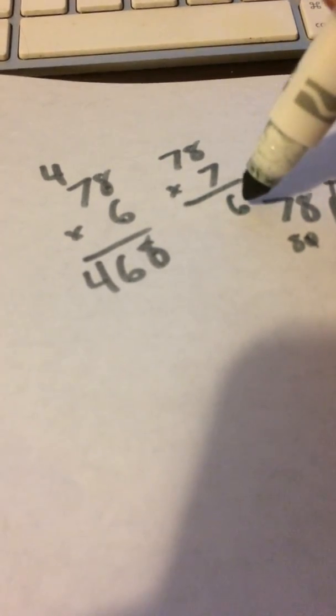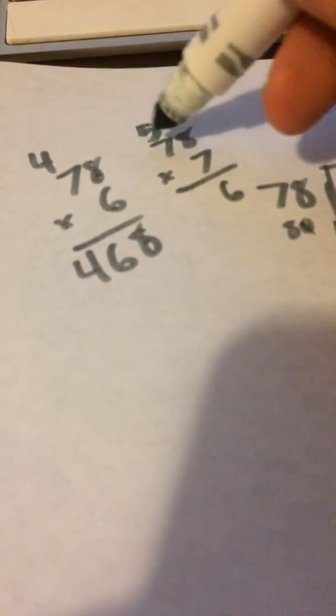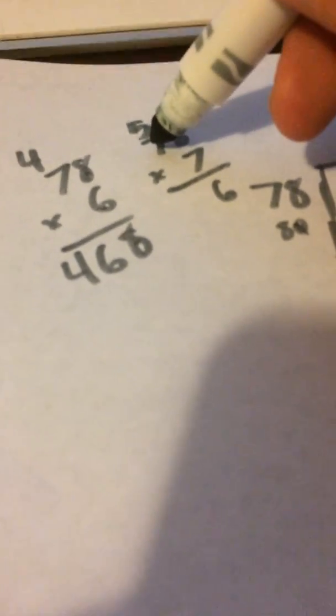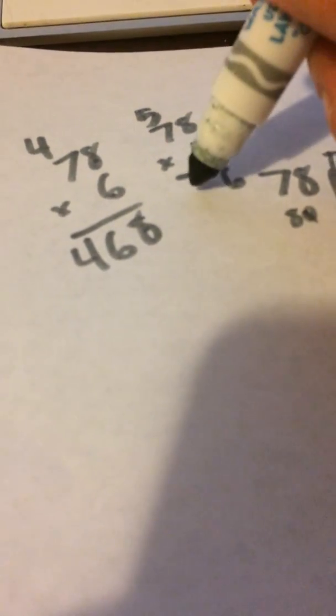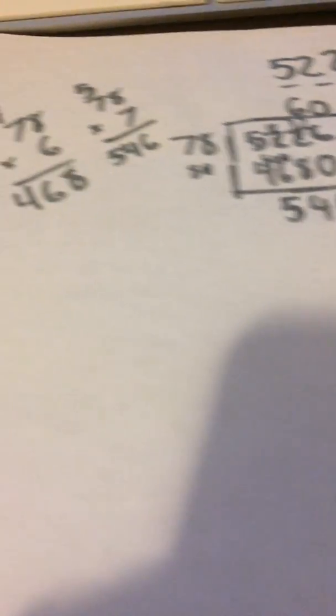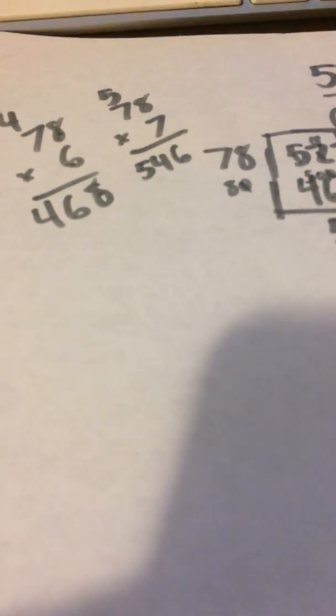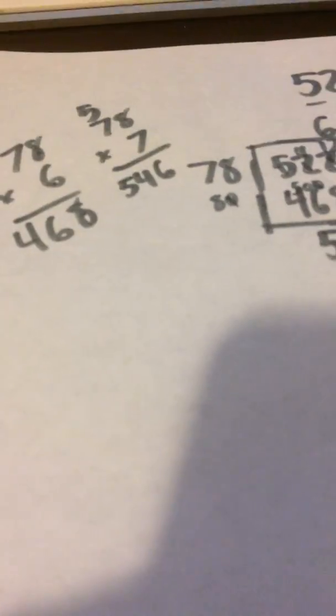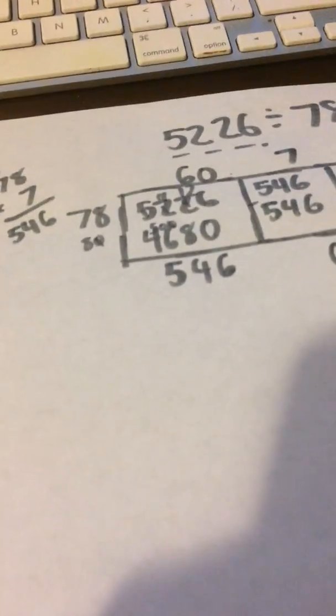I'm going to go ahead and work it out. So I got 8 times 7 is 56. Put down my 6, carry my 5. 7 times 7 is 49, plus the 5 is 54. So I have my number just like that. So it's 546, and when I subtract it out, I get 0.